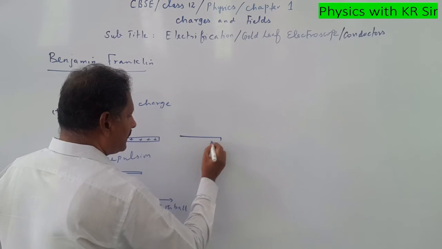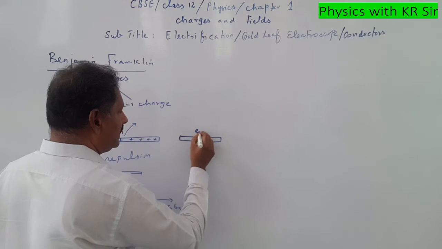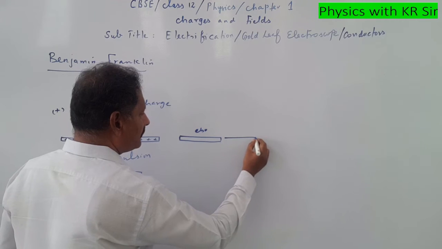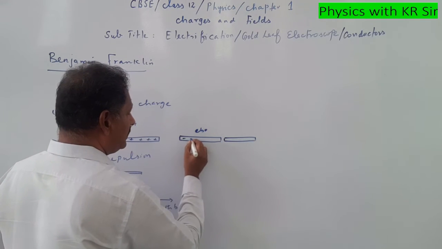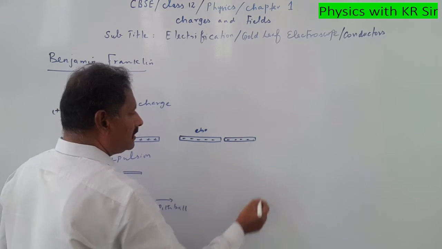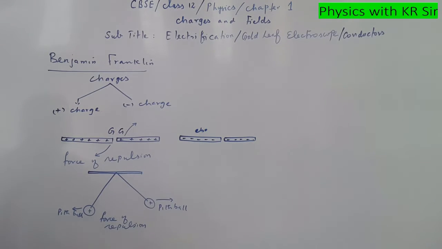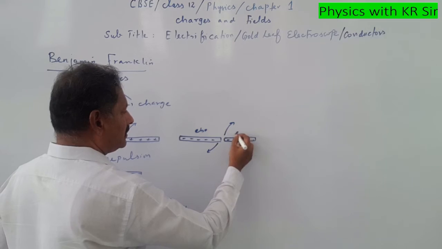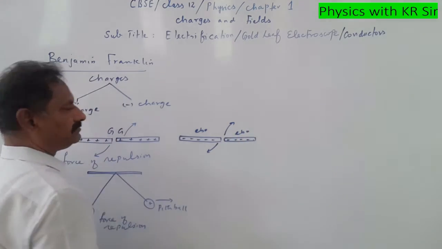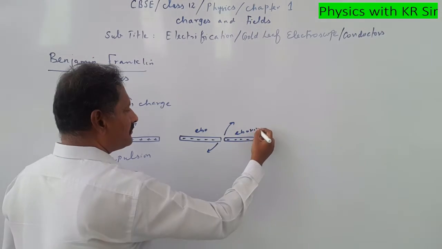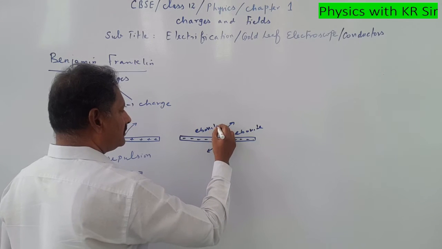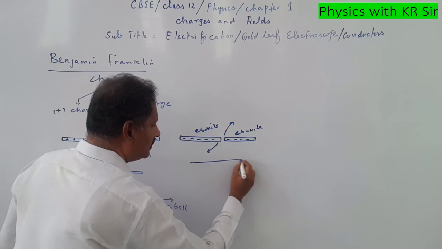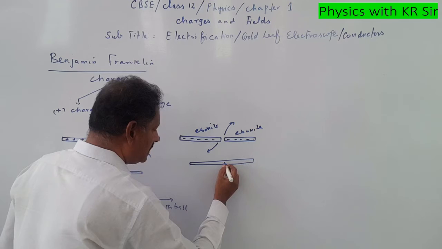Similarly, if we consider two ebonite rods, negatively charged, they also repel each other. Again, let us take two pith balls.